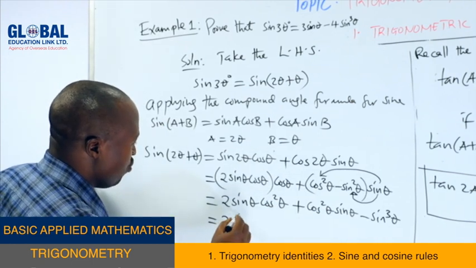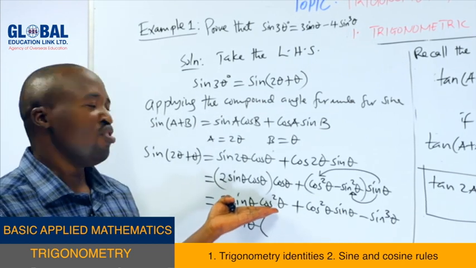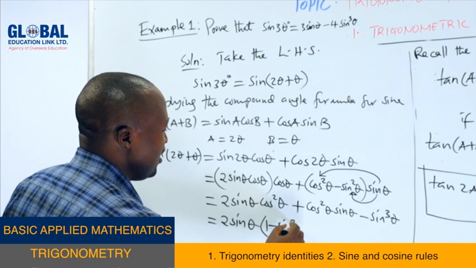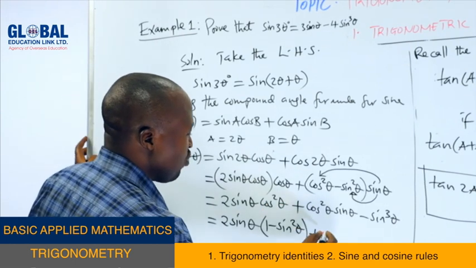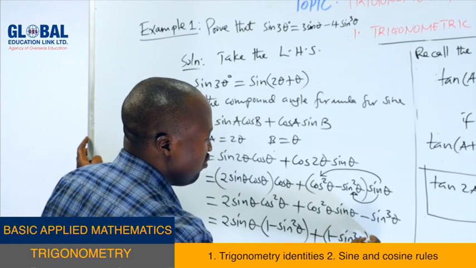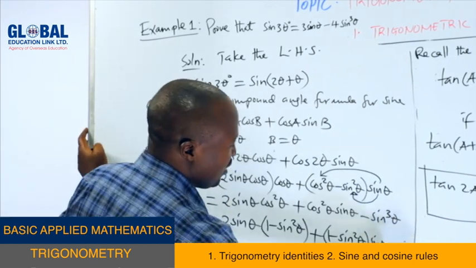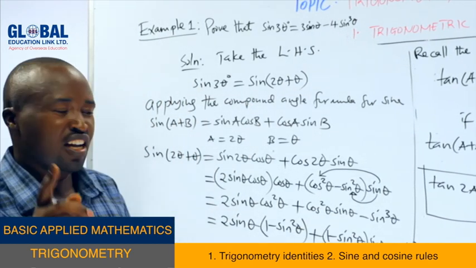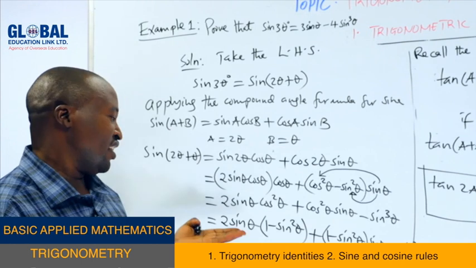That is 2 sine theta bracket of, remember the value for cos squared theta, which is equal to 1 minus sine squared theta, plus, again, remember for cosine squared theta, that is 1 minus sine squared theta, bracket of sine theta, minus the last trigonometric ratio, sine cubic theta.